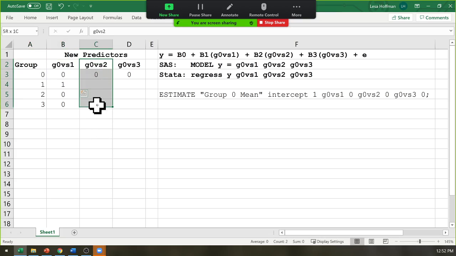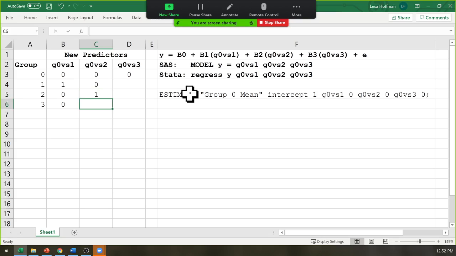Now if I want this column to give me the difference of group 0 versus 2, what goes here on the line for group 1? They're zeroed out. What goes here for group 2? They get the 1.